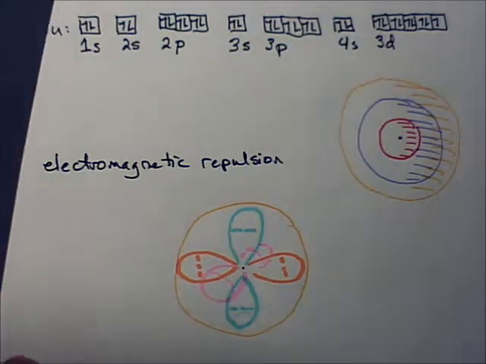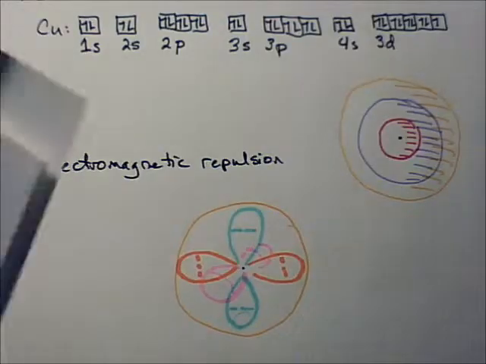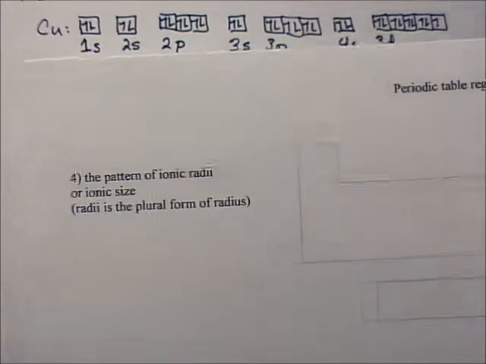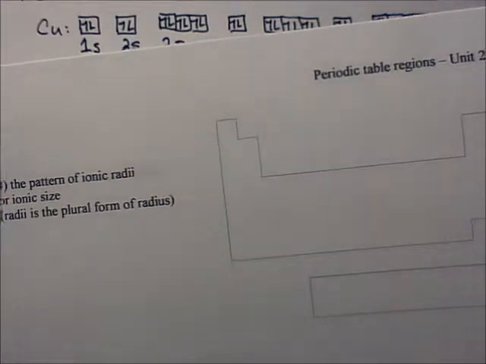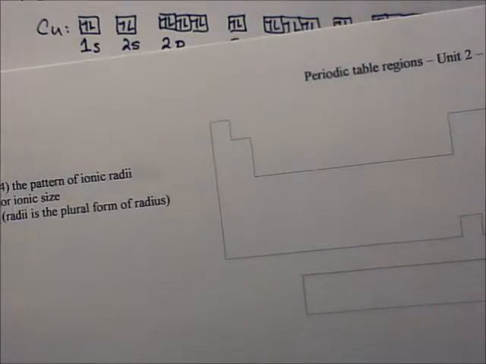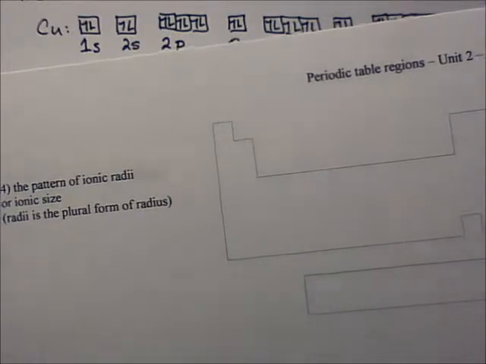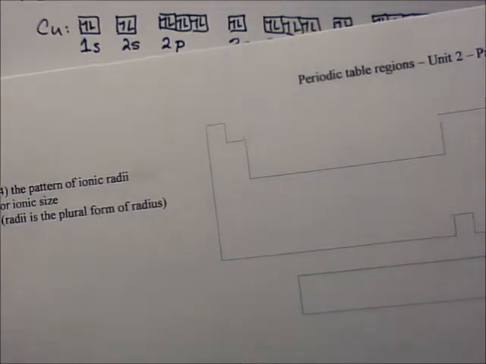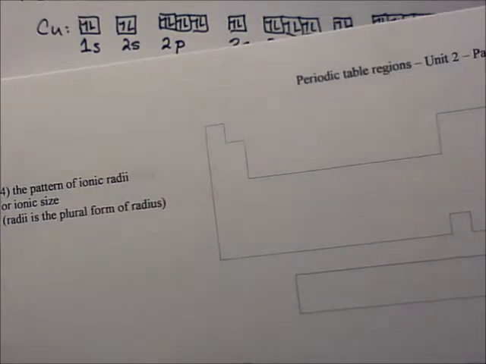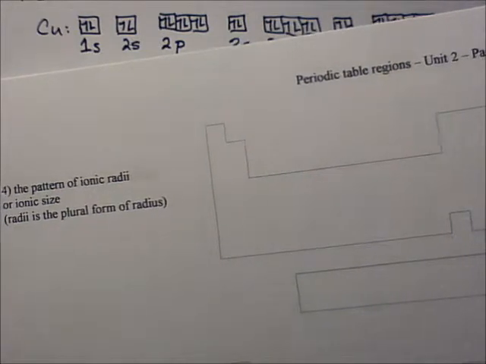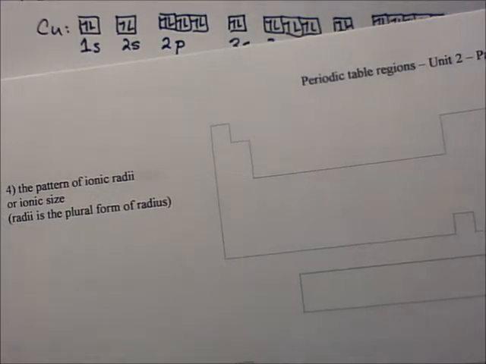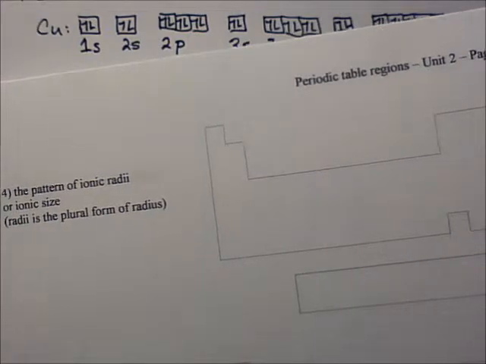All right. So let's see. Then we want to do the pattern of ionic radii. That gets a little more complex, but it's in your handout. I want you to draw it out for yourself. Okay. You draw it out for yourself because just looking at it and trying to commit it to memory is not as effective a method of learning as drawing it out for yourself.